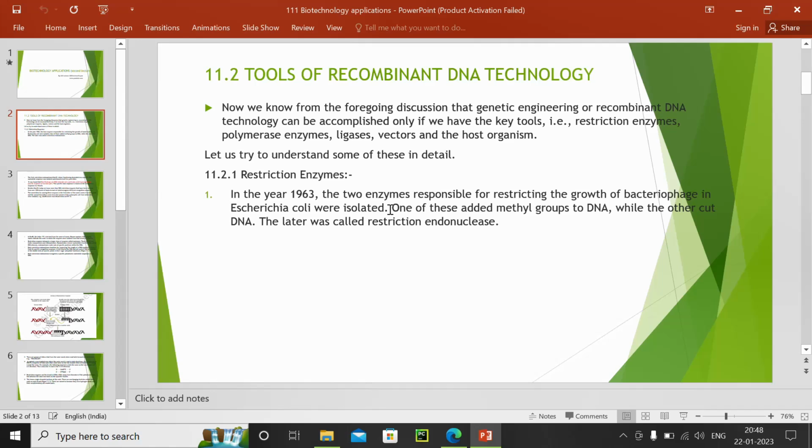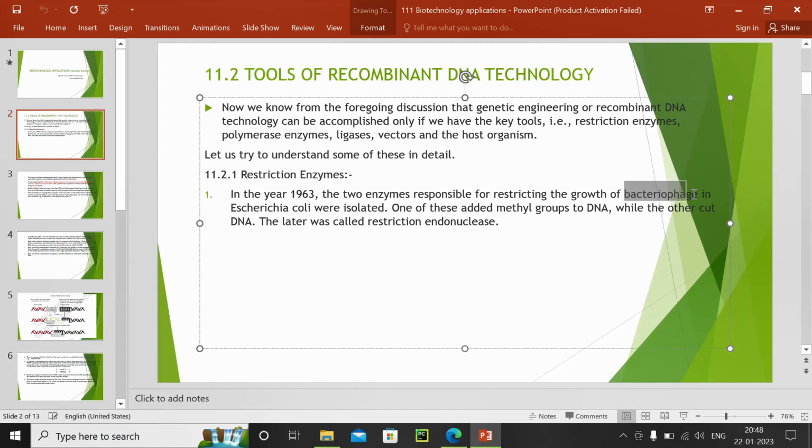Escherichia coli is a bacteria that is present in our gut.